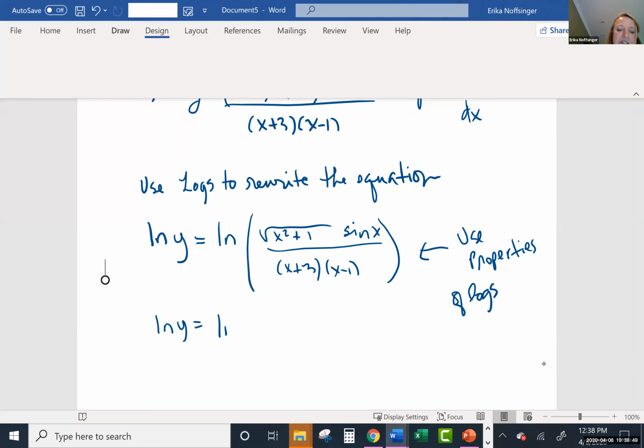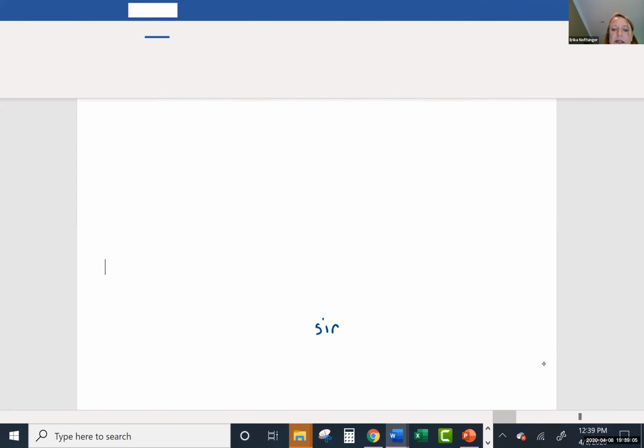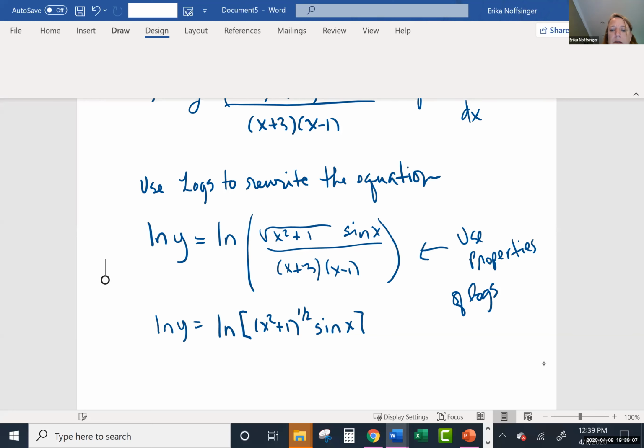So I have the natural log, and at the same time, I'm going to rewrite the square root of x squared plus 1 to be the power of 1/2 instead. So I have x squared plus 1 raised to the 1/2 power, all times the sine of x, minus the natural log of my denominator, which is x plus 3, all times x minus 1.